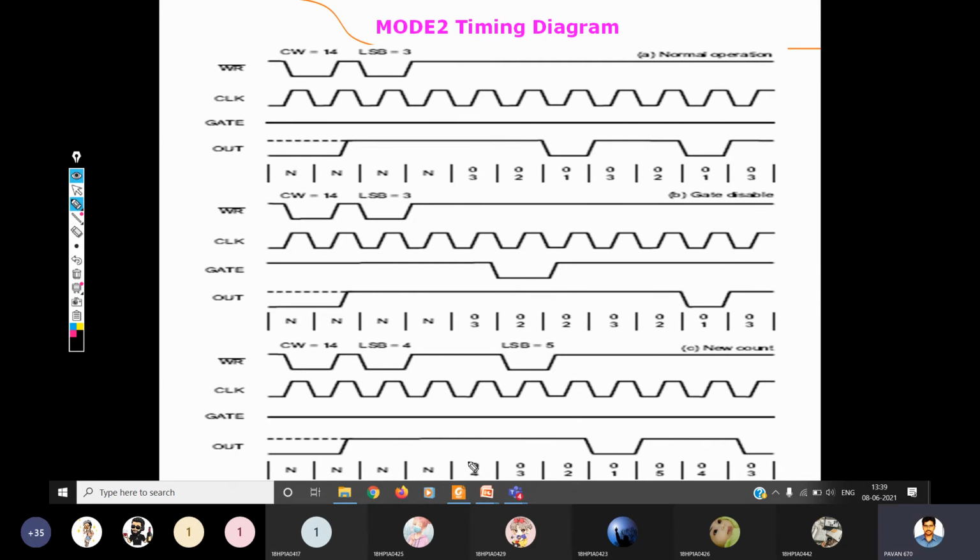Only after the currently loaded value's count is completed will the new value come into effect. How long may it take? Even though this value got loaded and 2 negative cycles occurred, that is not the issue. The issue here is that till the currently loaded value's rate is generated, a new value is not considered by the counter. Okay, this is the basic idea.